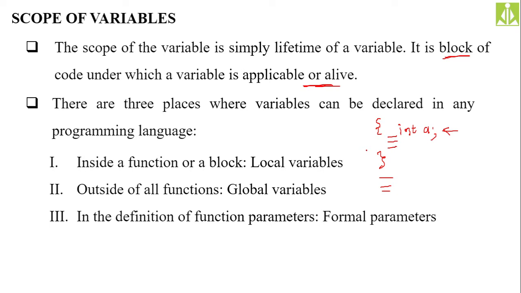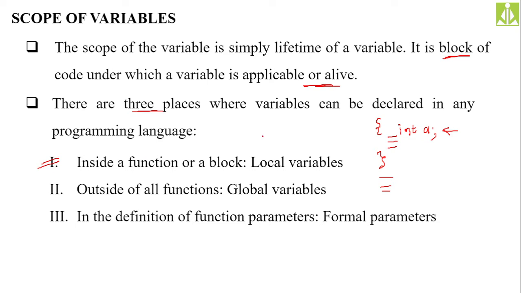There are three places where variables can be declared in any programming language. I mean, where exactly we can declare variables: we have three different places in our C programming language. The first one is inside a function or a block.